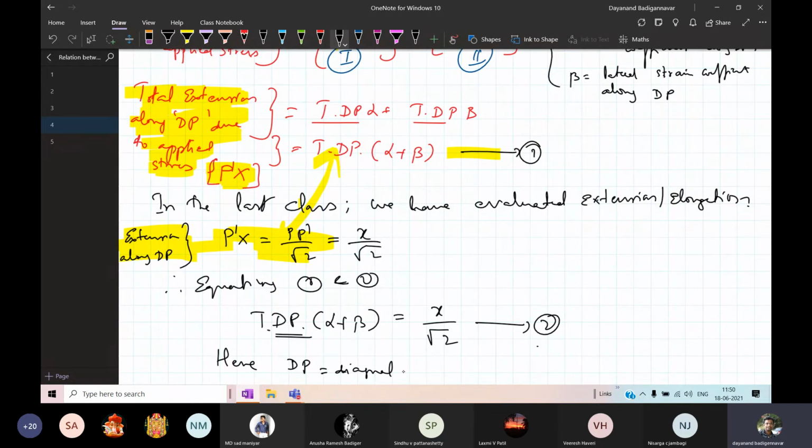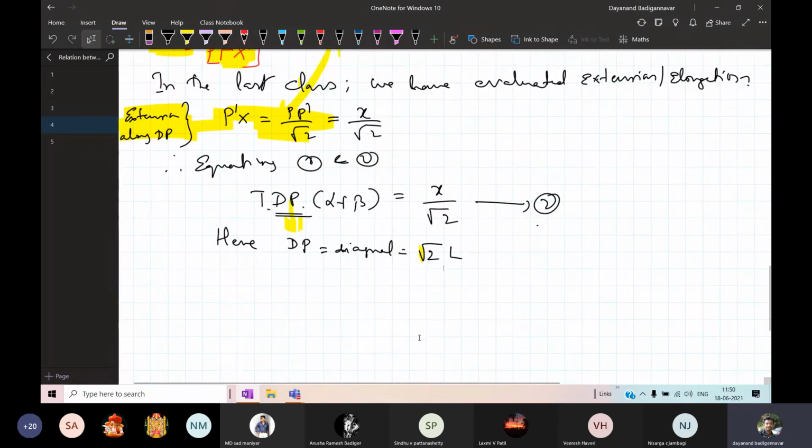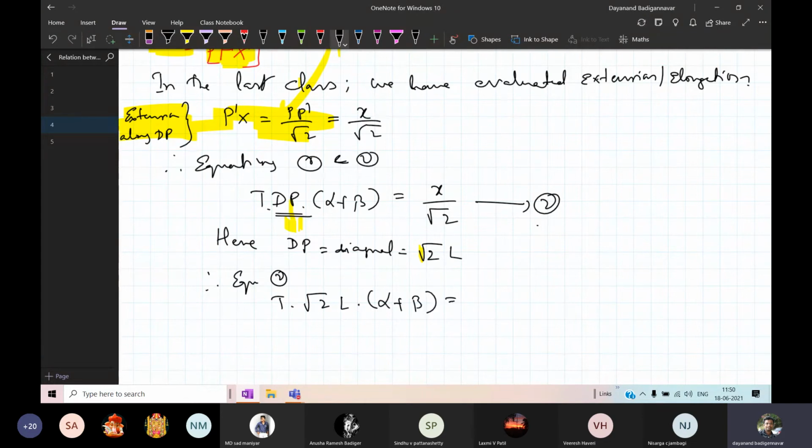The value for the diagonal DP is equal to root of 2 times L, where L is the side of the cube. Therefore, equation 2 can be rewritten as T into root 2 L into alpha plus beta is equal to X divided by root 2.